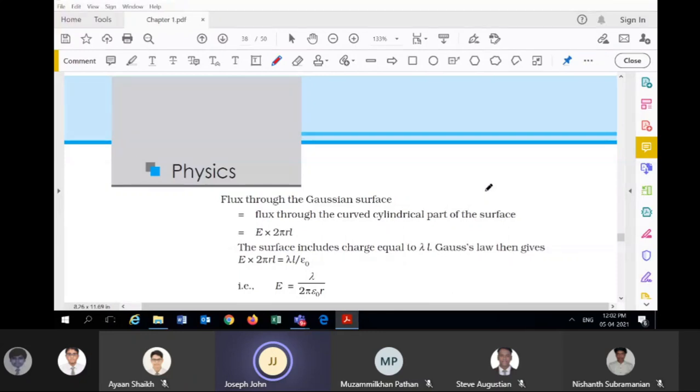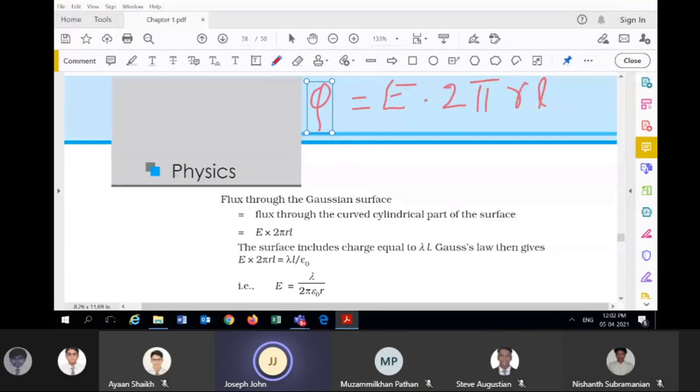Slight modification. I am changing the derivation slightly so that it is easy for you. Phi is equal to, the formula E dot delta S, you know that? E dot dS, okay? What is the curved surface area of a cylinder? 2 pi r L. So it will be E into 2 pi rL.